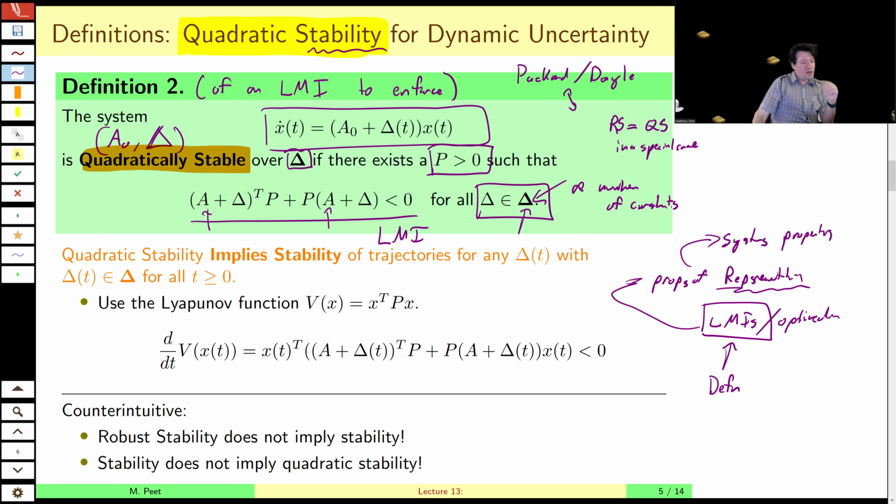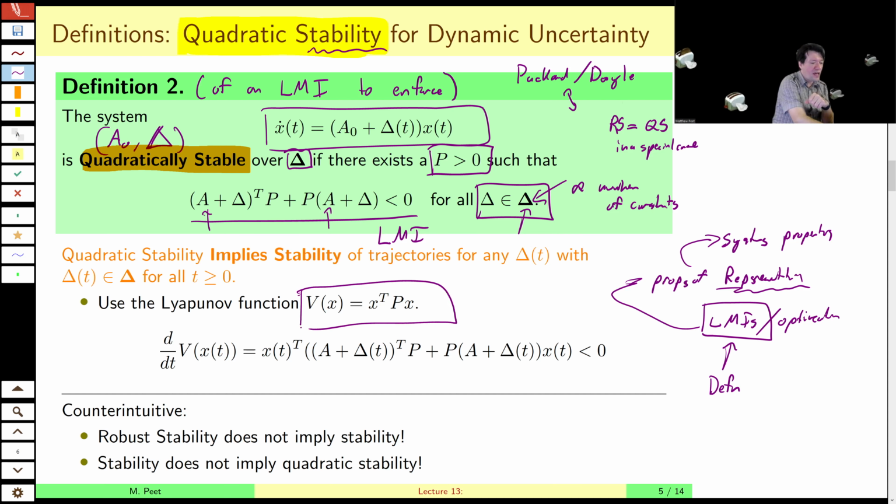Well, we know that these positive P matrices typically correspond to Lyapunov functions, right? So there's a Lyapunov function associated. If this infinite dimensional LMI is feasible, there's an associated Lyapunov function, right? And what it's saying is that there's a single Lyapunov function, one that doesn't depend on delta.